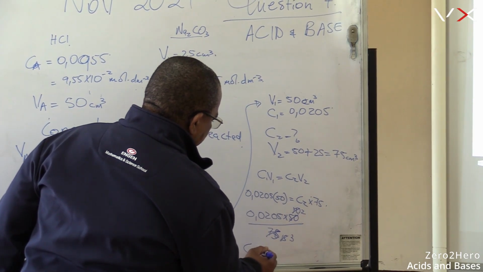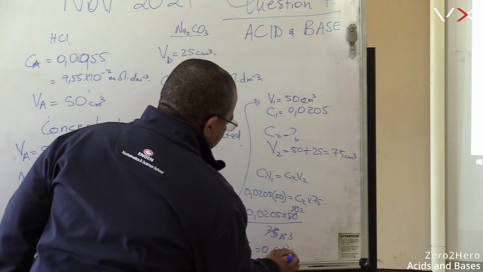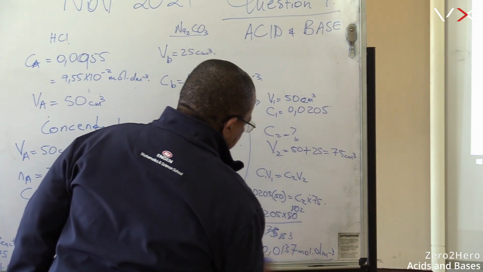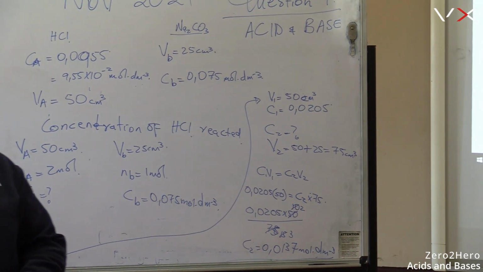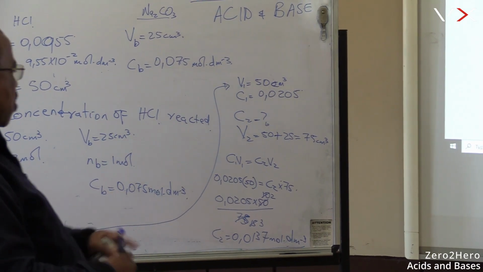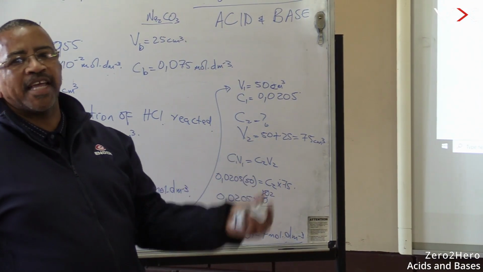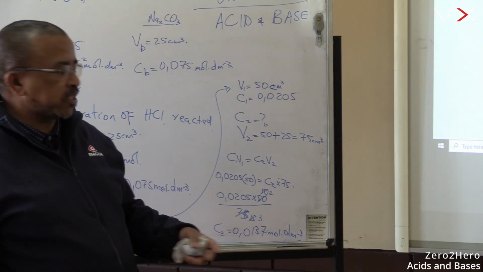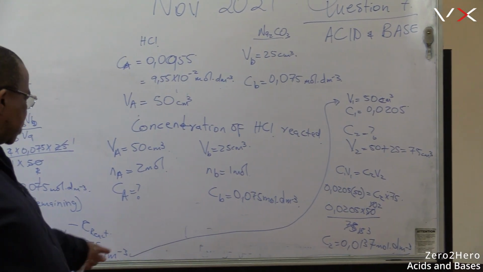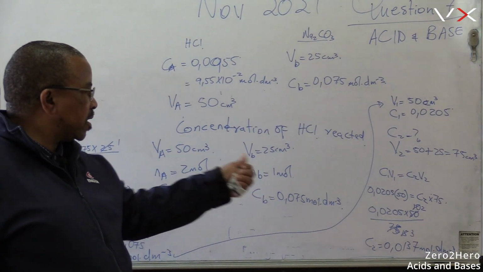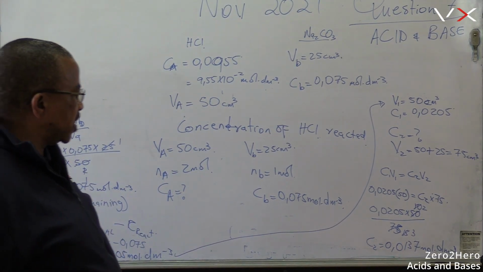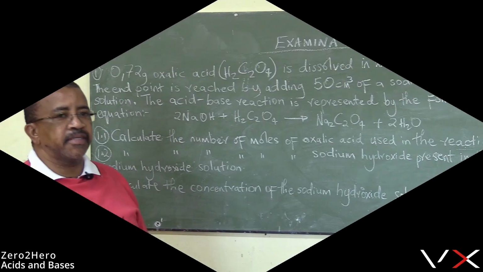So the concentration will be 0.0137 mole per decimeter cubed. That is the concentration of the excess HCl in the new solution. Don't forget that it is the concentration in the new solution.